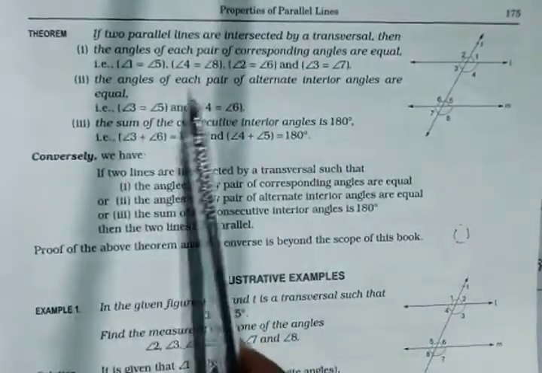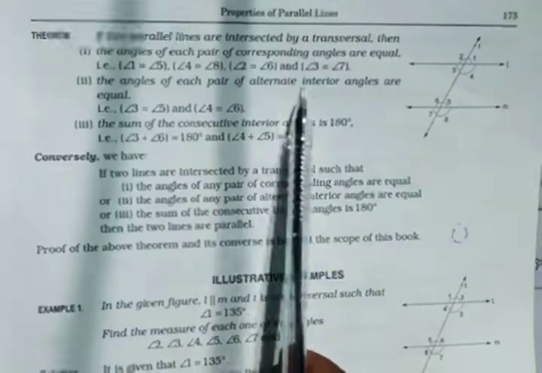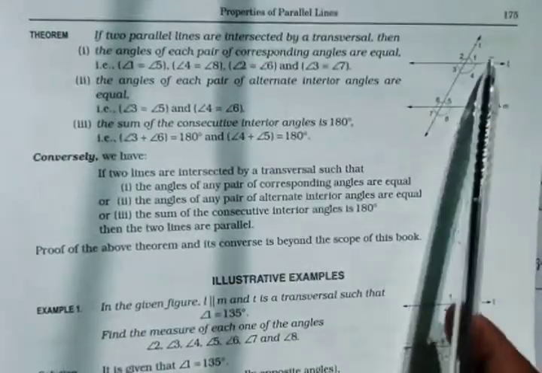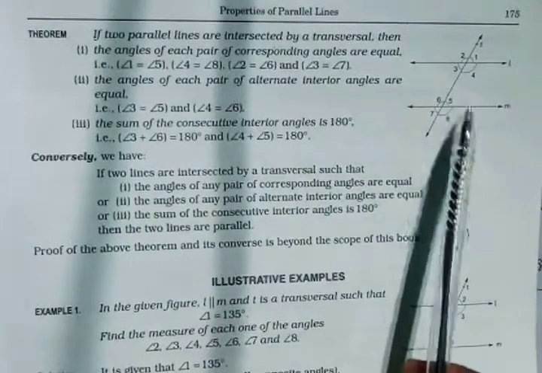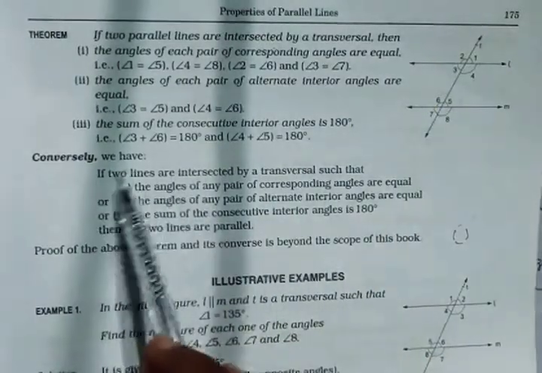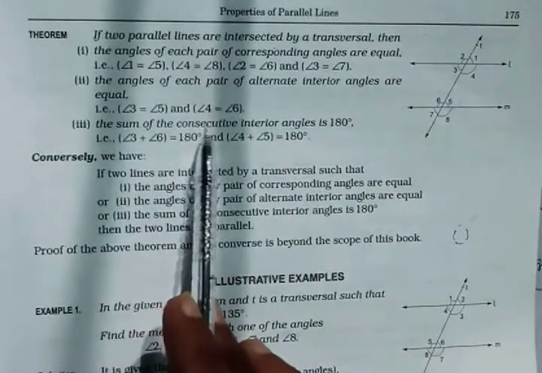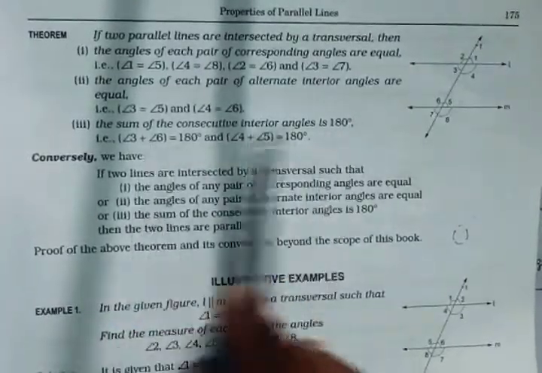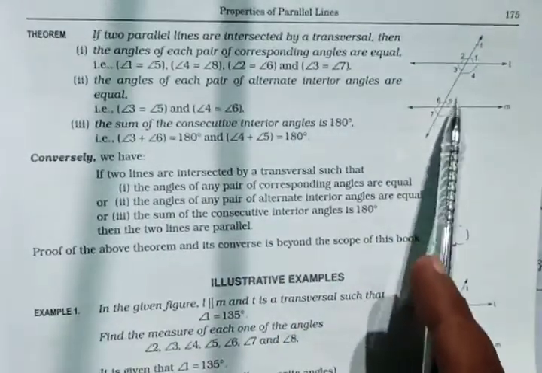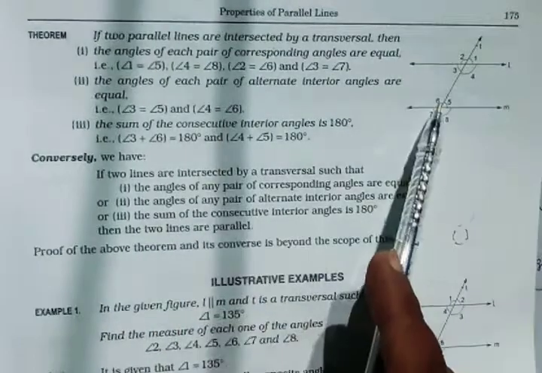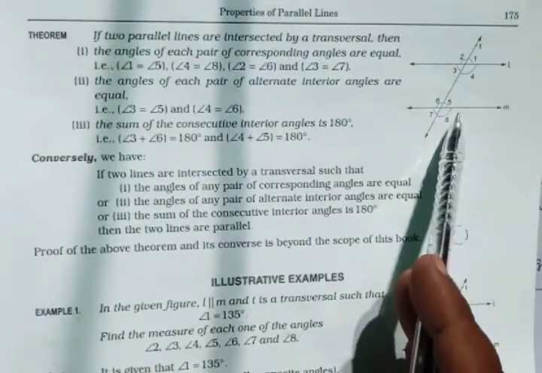Next, the angles of each pair of alternate interior angles are equal. That means angle 3 equals angle 5, angle 4 equals angle 6. Okay. Conversely, the sum of consecutive interior angles is 180 degrees. That is, angle 3 plus angle 6 equals 180, and angle 4 plus angle 5 equals 180.